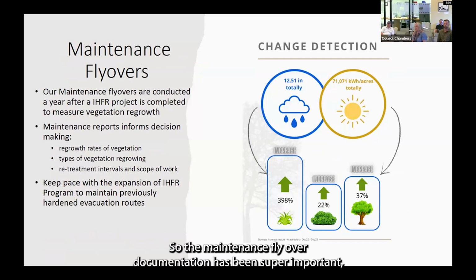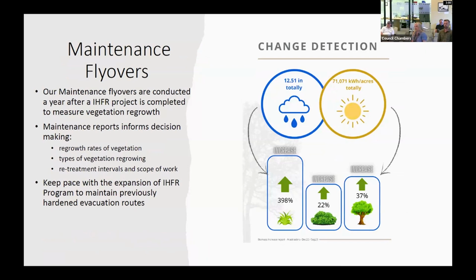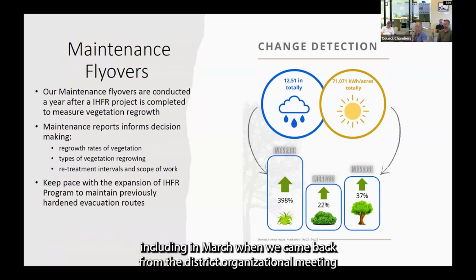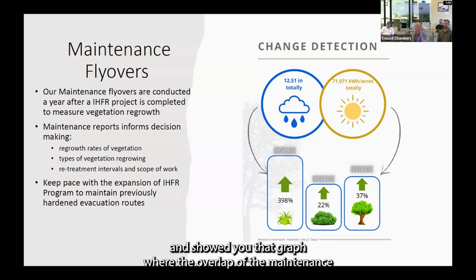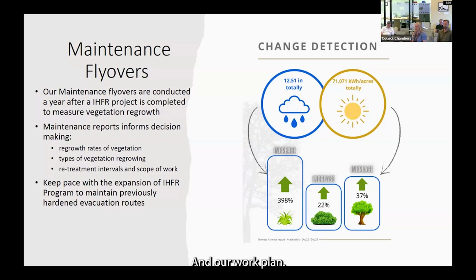So the maintenance flyover documentation has been super important, and it'll directly impact how we start planning the maintenance cycles that we've presented a couple times, including in March when we came back from the district organizational meeting and showed you that graph where the overlap of the maintenance projects will eventually outpace the initial treatment projects. This is a key metric and report for that planning in our work plan.